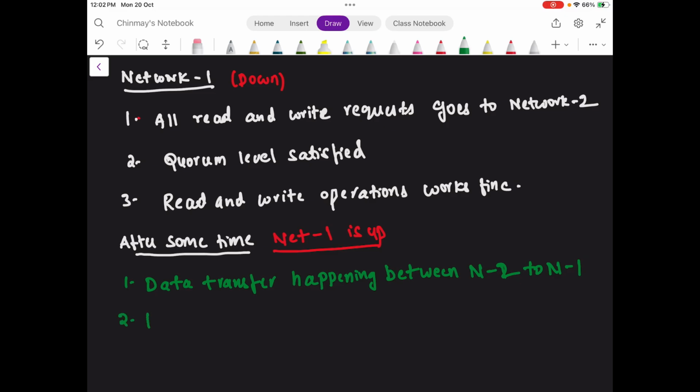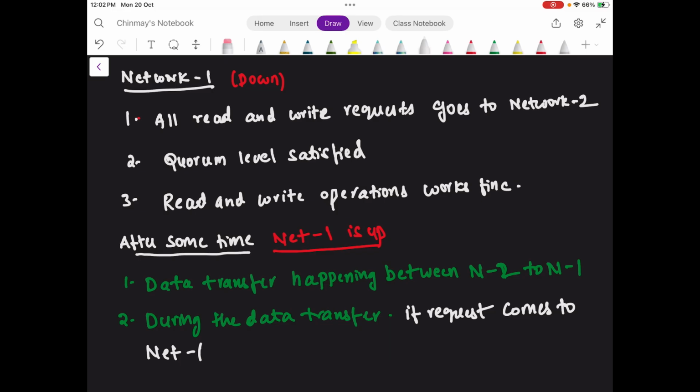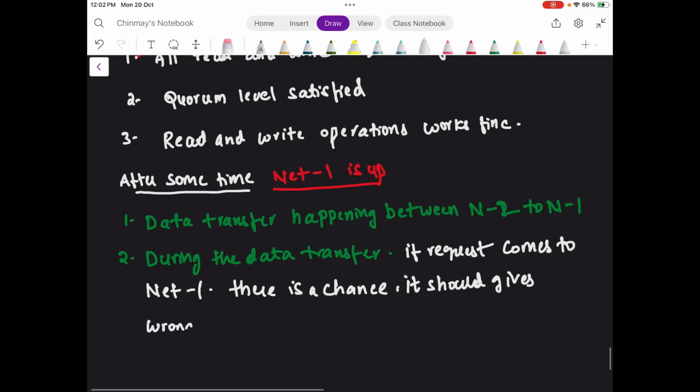During the data transfer, if a request comes to network 1, there is a chance it gives wrong data. Okay, there is a chance it gives wrong data.